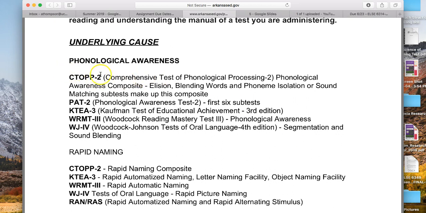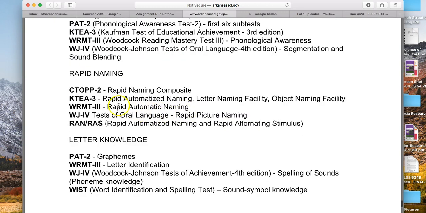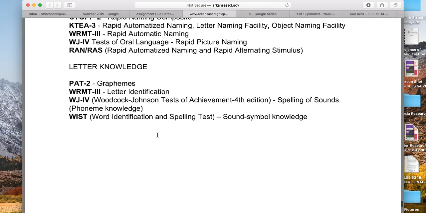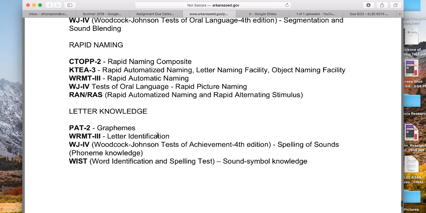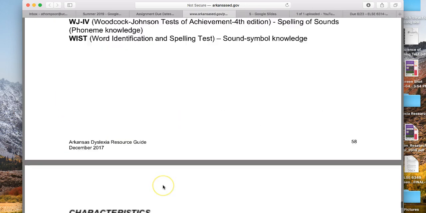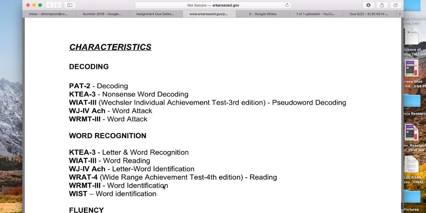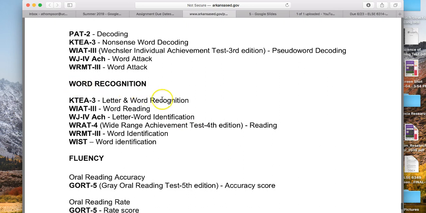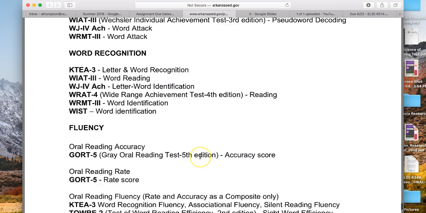The CTOP is going to cover our phonological awareness. The CTOP is also going to cover our rapid naming. We don't have letter knowledge covered yet. We don't have decoding covered yet, or word recognition.